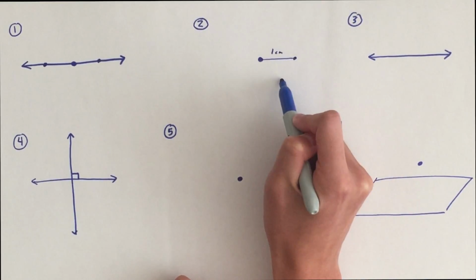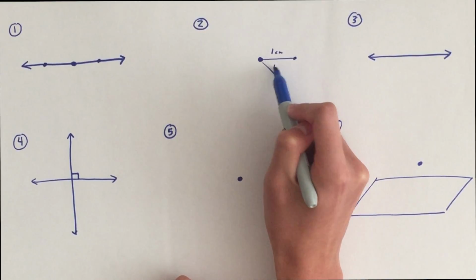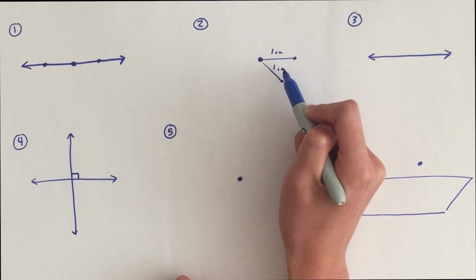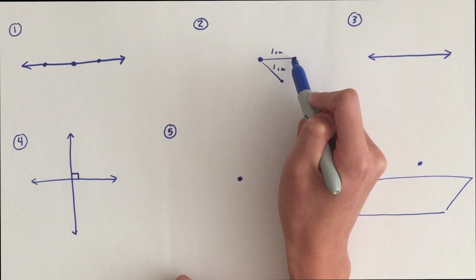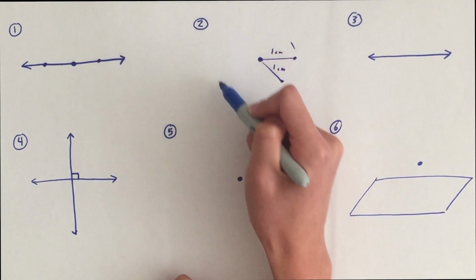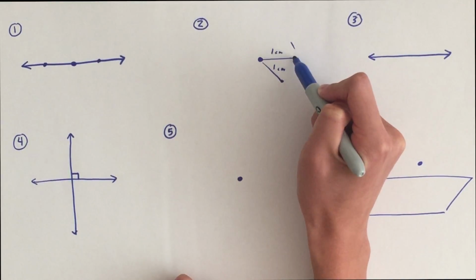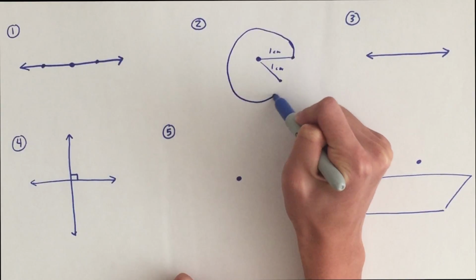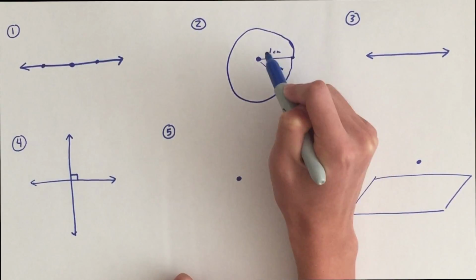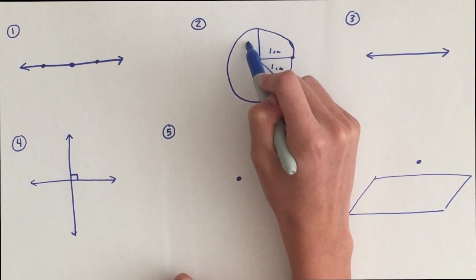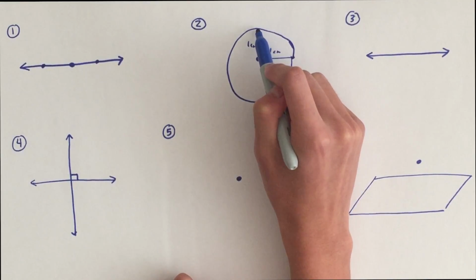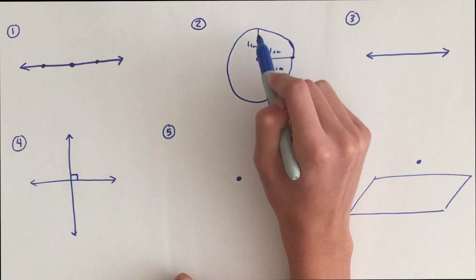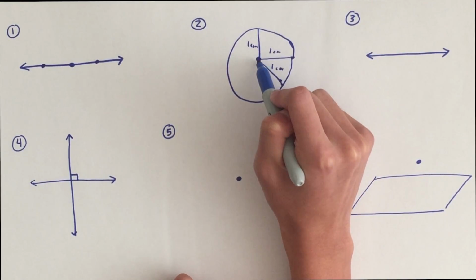But there would be this point right here too, that's 1 centimeter. Any point that was 1 centimeter away from this center point on a 2-dimensional plane would form a circle. That's a very badly drawn circle, but since the radius of the circle is 1 centimeter, any point on this circle would be 1 centimeter away from the central point.